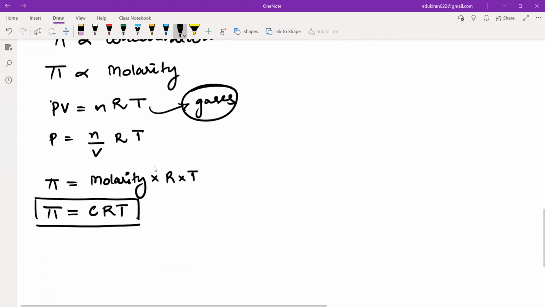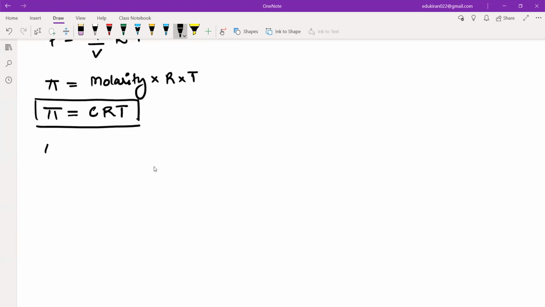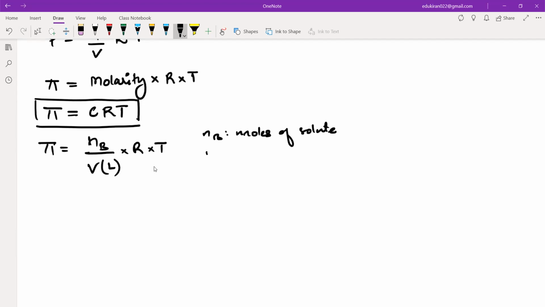Here we can also write pi is equal to number of moles of solute divided by volume in liters into R into T. Here nB is the moles of solute, and volume is the volume of solution in liters.